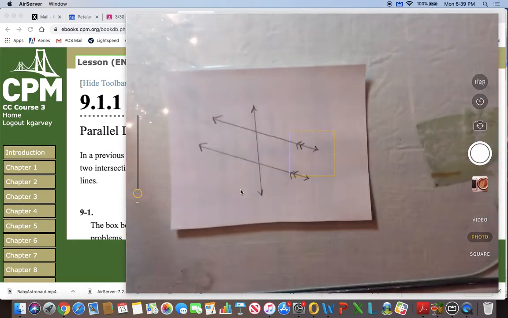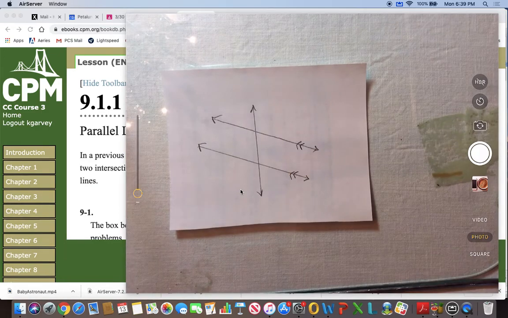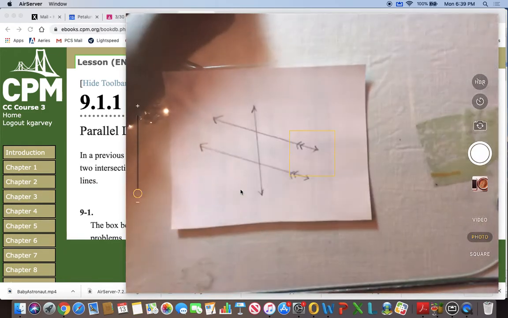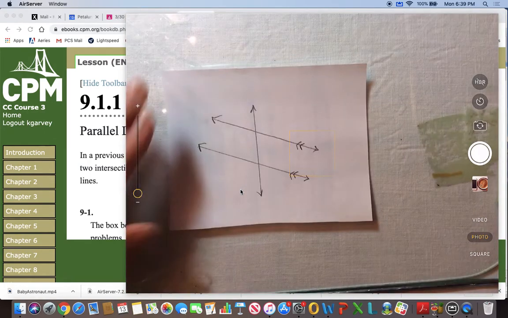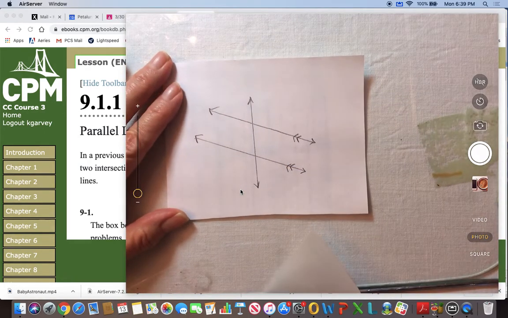So now we're going to go on a treasure hunt to find these special relationships on parallel lines cut by a transversal. We are going to look for angle relationships or pairs of angles that are exactly the same size.